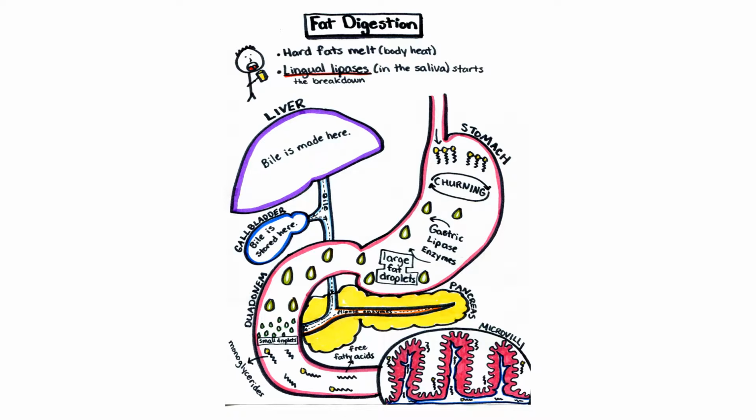And then in the small intestine, this is where we see the secondary major source of fat digestion. This is also where we see bile being made by the liver, stored in the gallbladder, and then secreted from the gallbladder into the small intestine.